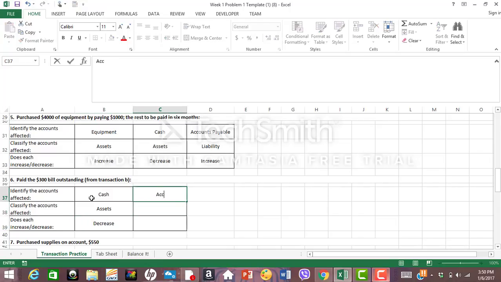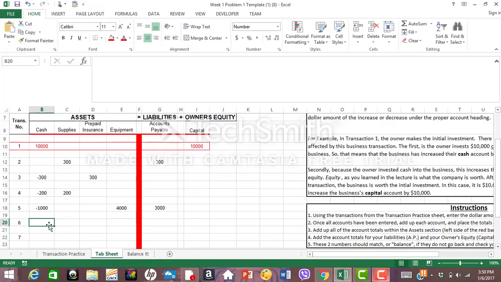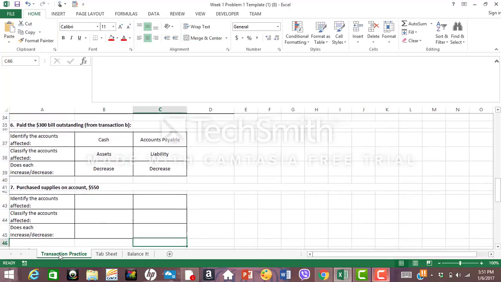And accounts payable is getting affected here, which is under liability, and it's also decreasing. Okay, so we go back to the tab sheet, and we see minus $300 under cash, and minus $300 under accounts payable.